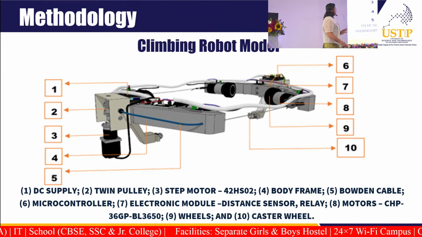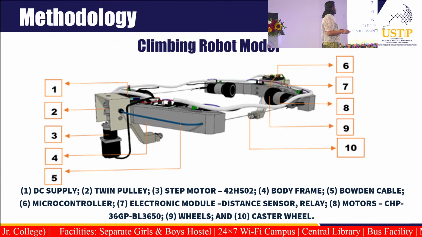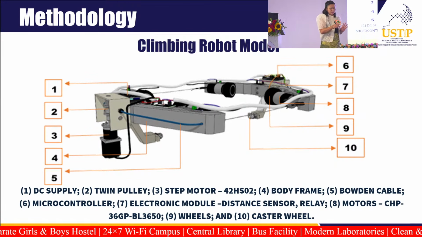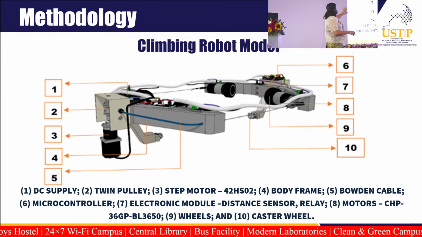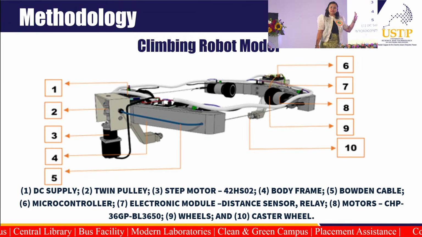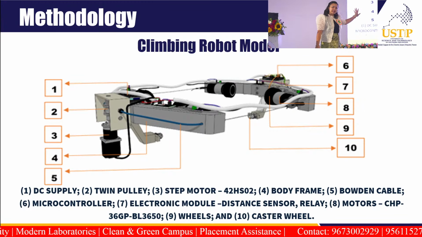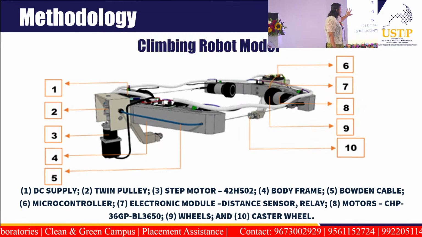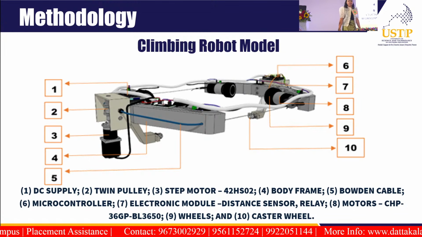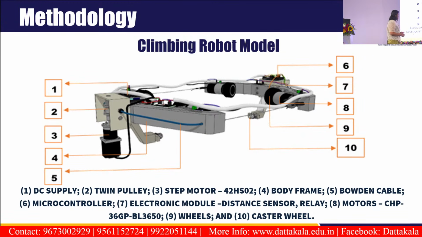Now, for the climbing robot model, we have this two-body framework. On this part, we have the adhesion, where our adhesion mechanism is located, and on the other side is our controller, where our programming is done in the microcontroller.